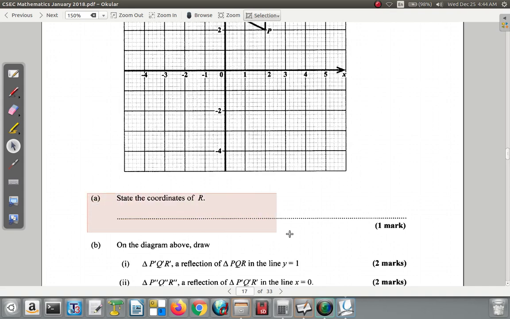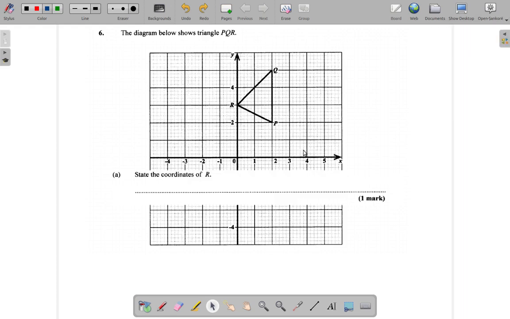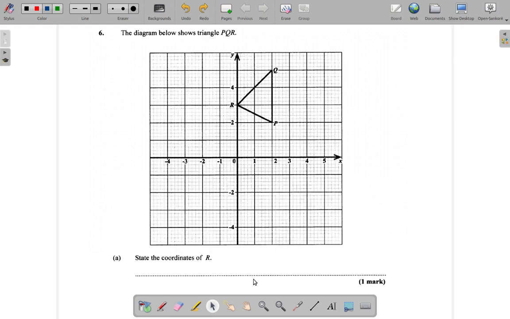Let me just copy this and paste it on another screen. The coordinates of R. So here, what you have is R being right here.